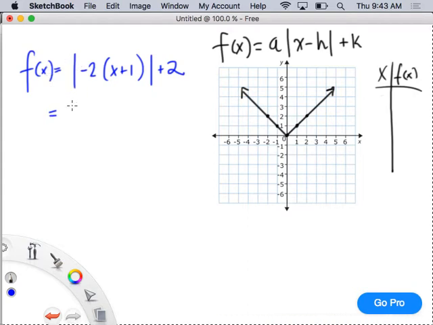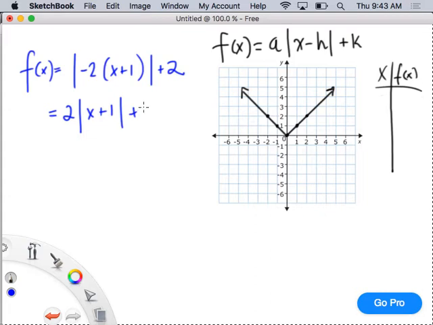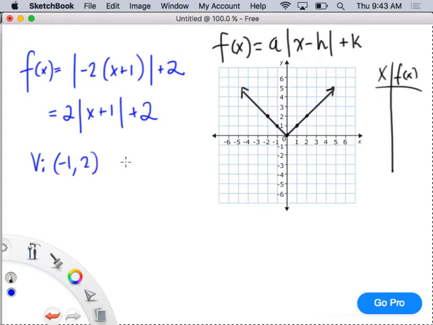Makes it positive. So I can't just pull it out as negative, pull it out as positive. Just like that. My vertex is at negative 1, 2, and my slope is 2. I can go ahead and plot it just like that. See? Is this clear? Any good? Any questions?